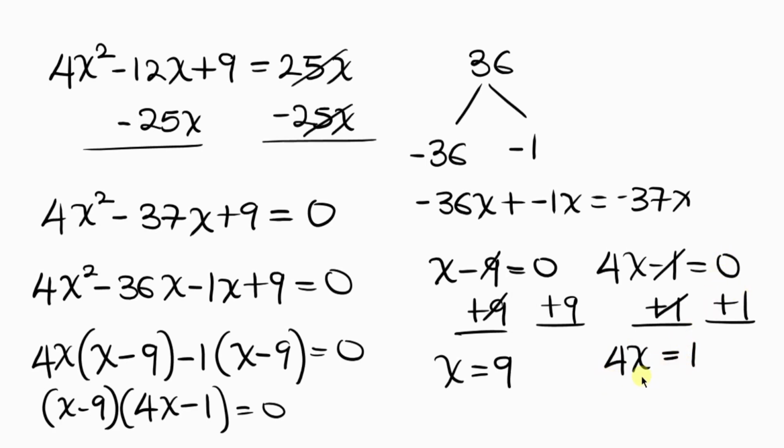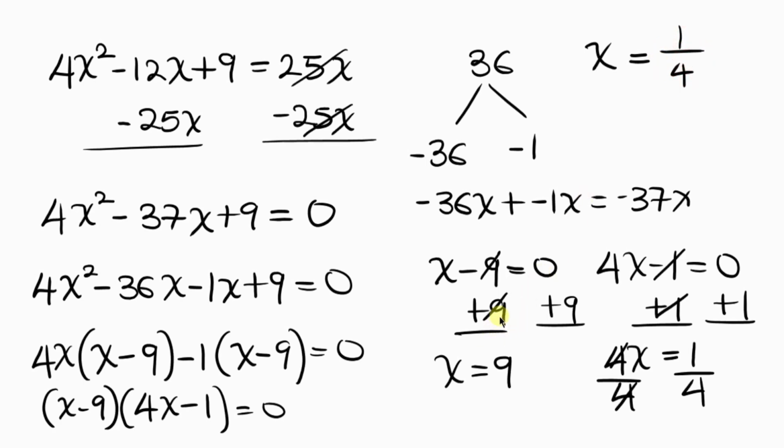And to get the value of x, I'm just going to divide both sides by 4. And when I do that, 4 cancels out 4, leaving the value of x to be equal to 1 all over 4. Very good. That's it.